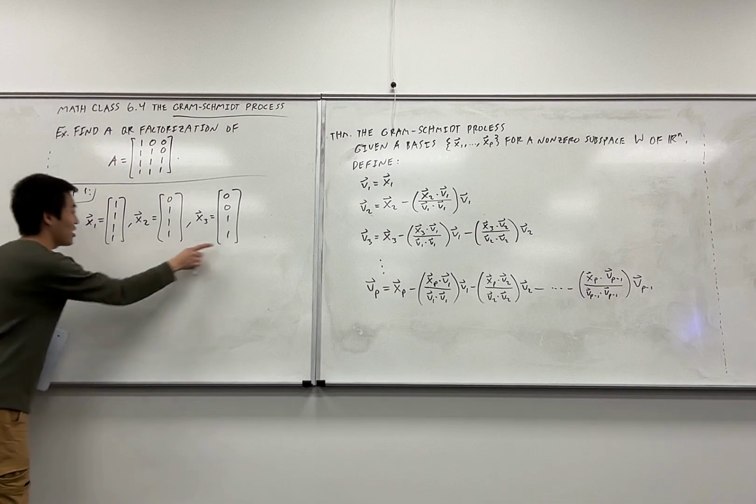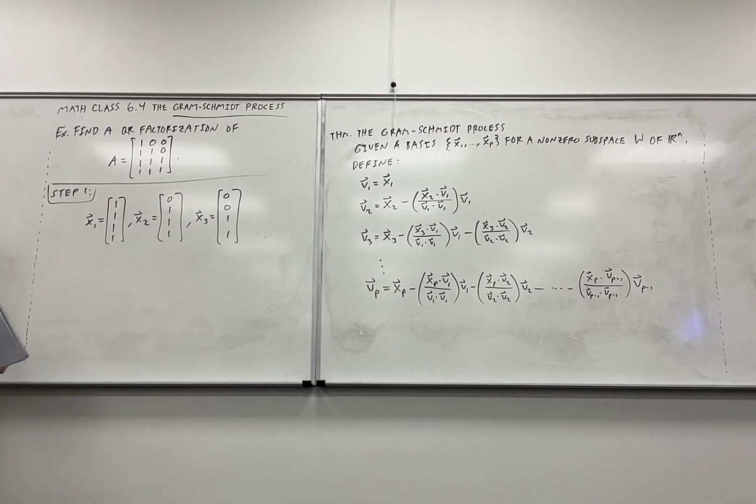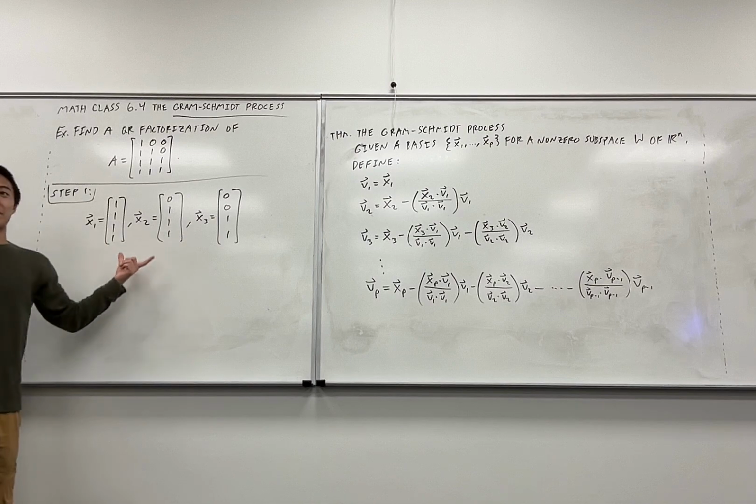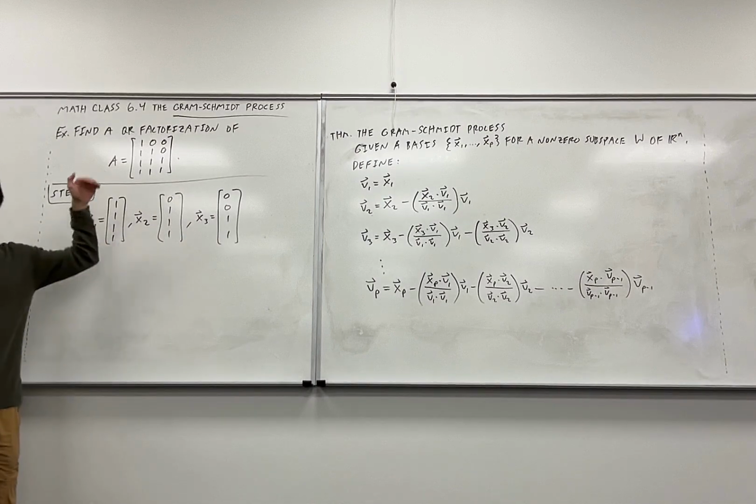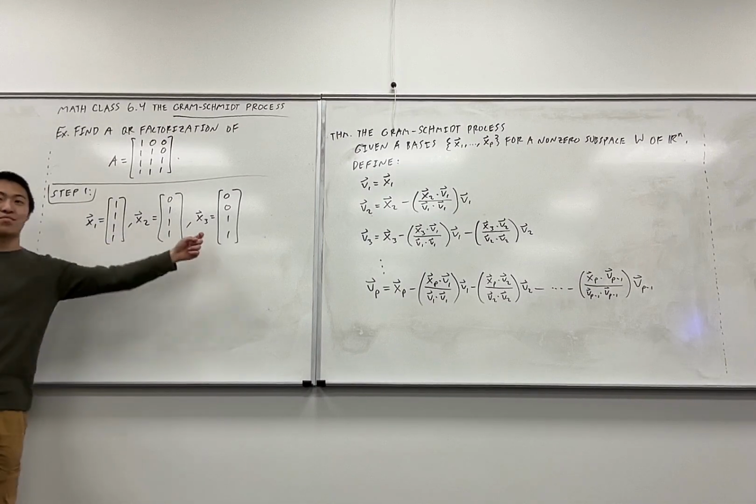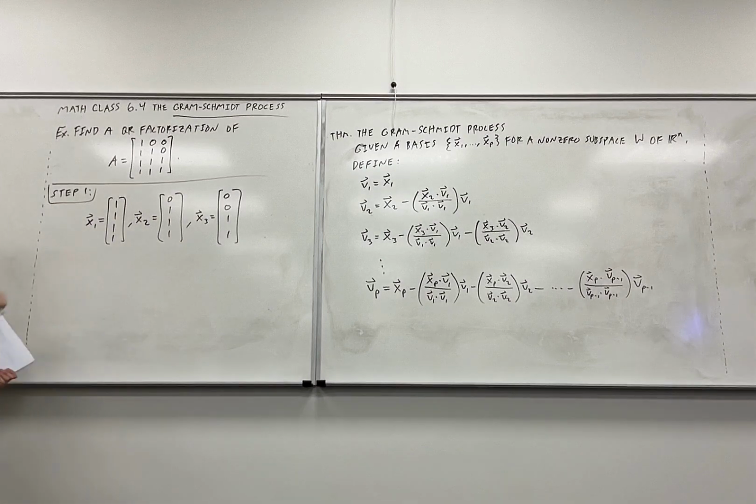And I can sure bet you that none of those are orthogonal to each other. For one reason, there are no negatives, so how am I supposed to get down to 0 if I'm multiplying positive values together? So these are not orthogonal. We need to get an orthogonal basis, and only after we get that orthogonal basis can we scale everything to be length 1. And then that will be our Q. So that's the big picture strategy here.